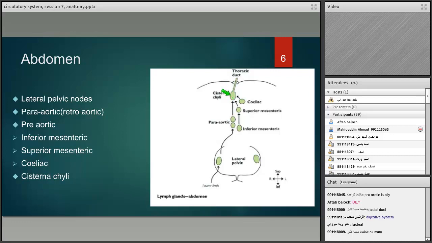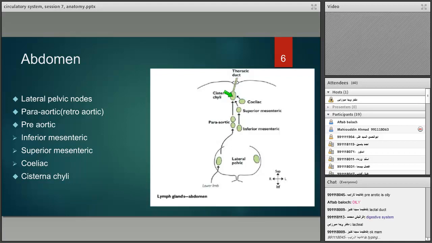Cisterna chyli. Here, in the abdomen, we have cisterna chyli, which is receiving the pre-aortic and para-aortic system. The cisterna chyli is not present in 30 to 40% of people.